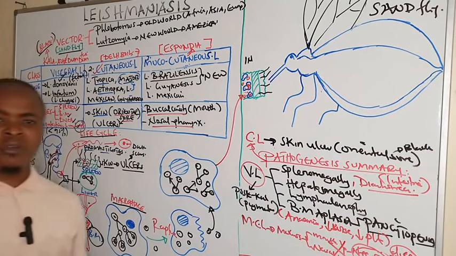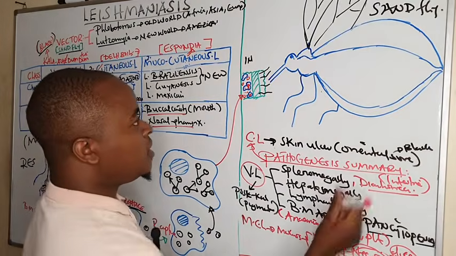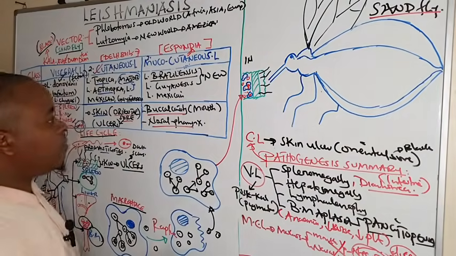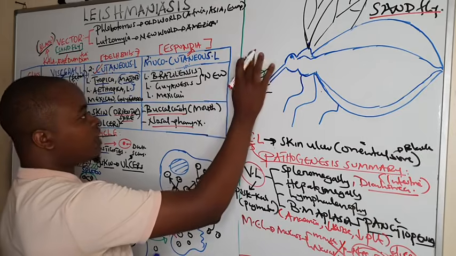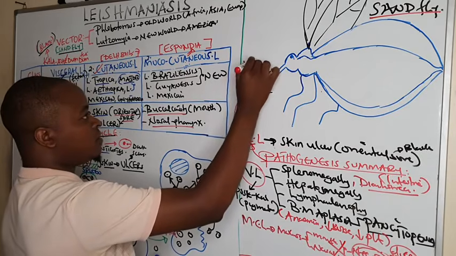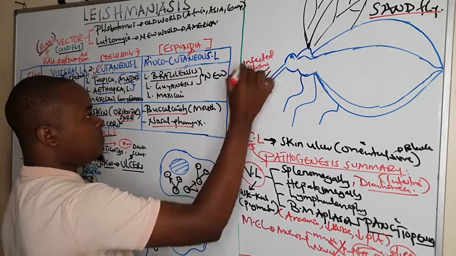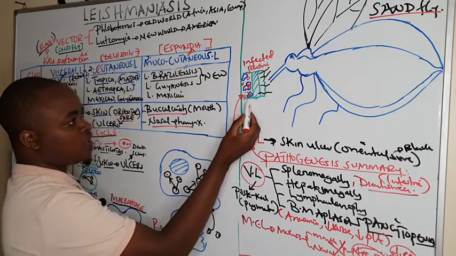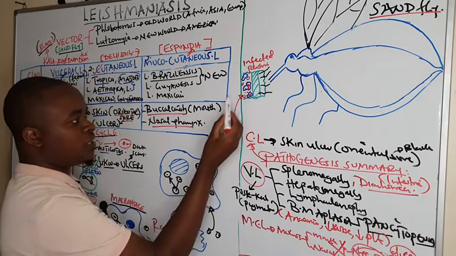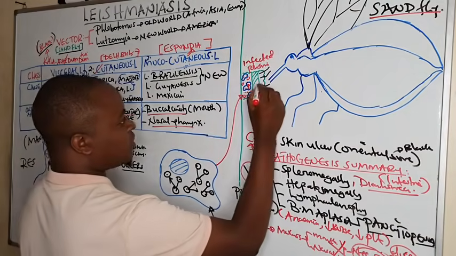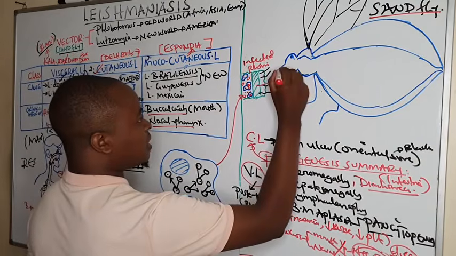So the life cycle will continue when the female sandfly is taking a blood meal from an infected person. So when this man is infected with the amastigotes within the macrophages of different organs, this sandfly is going to ingest these amastigotes.